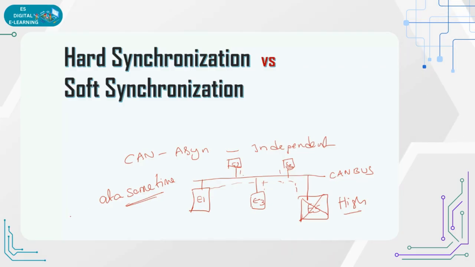How should this syncing happen, so that the data arrives at the same time? That will follow hard synchronization and soft synchronization. What are they?